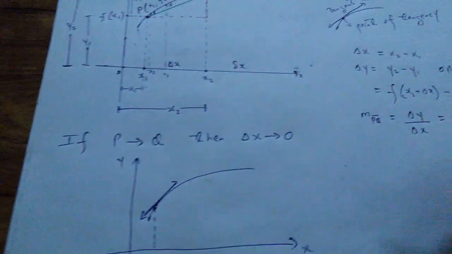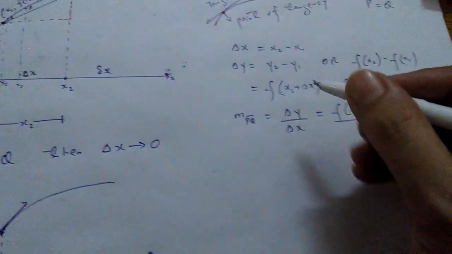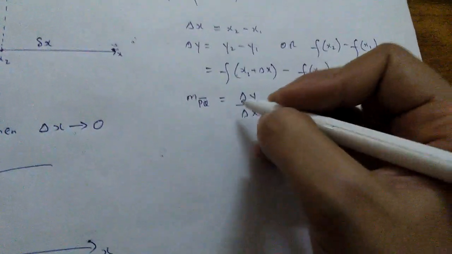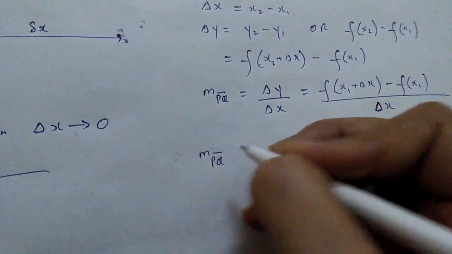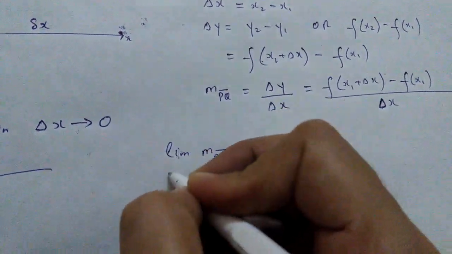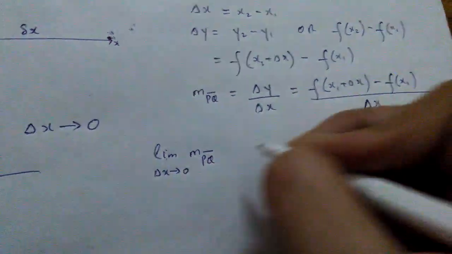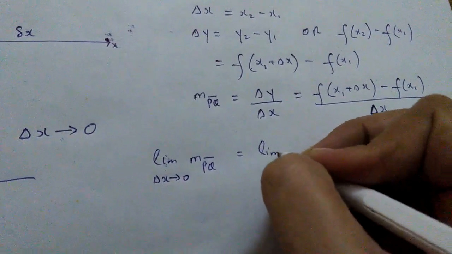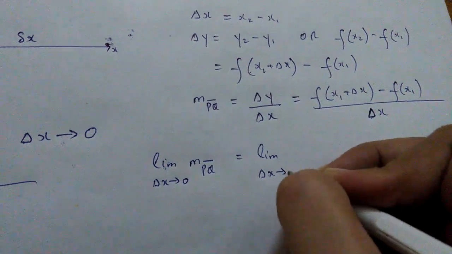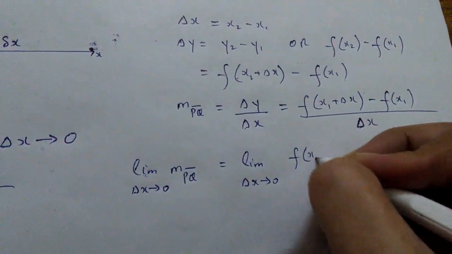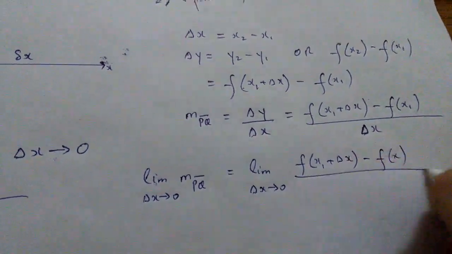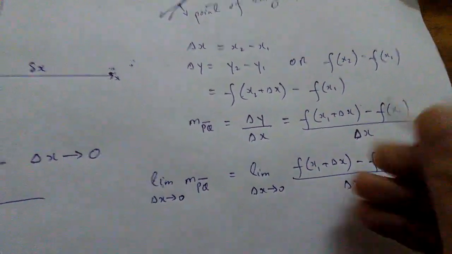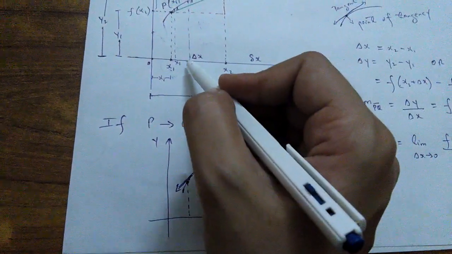Okay, so if you simply apply a limit over here, such that our del X is approaching 0, it means that when my Q approaches P, your del X approaches 0.